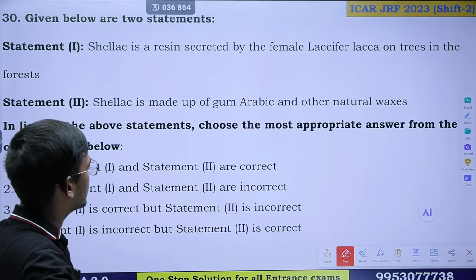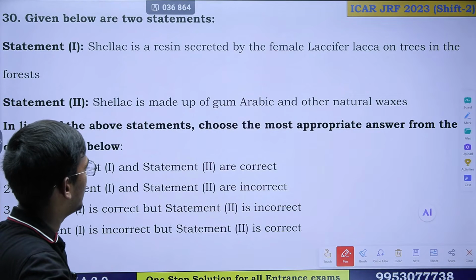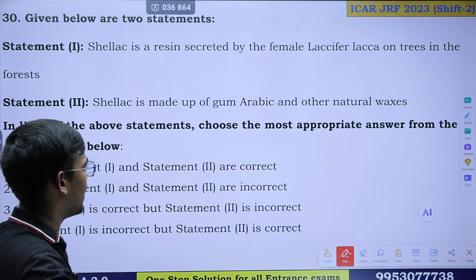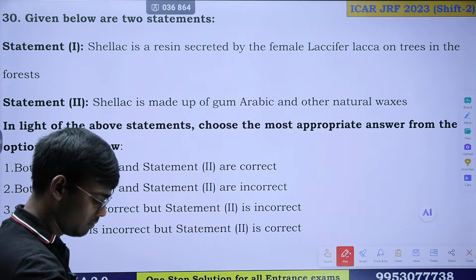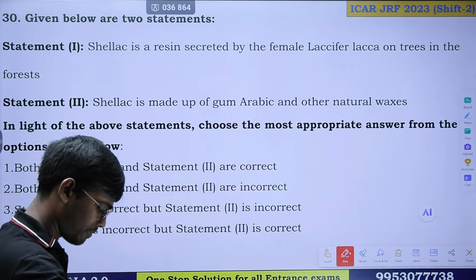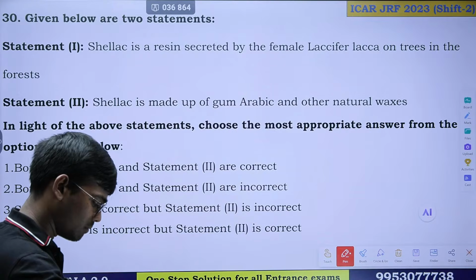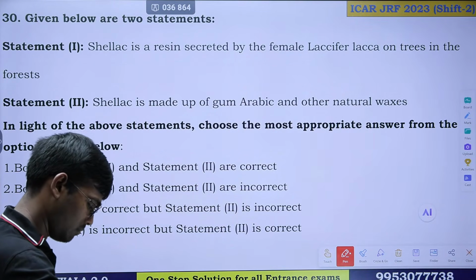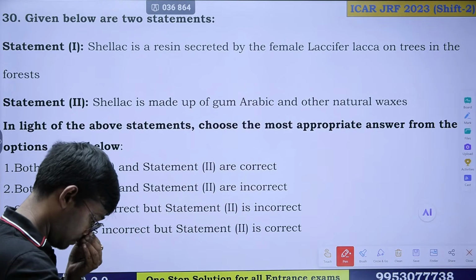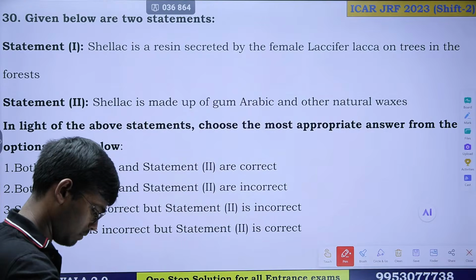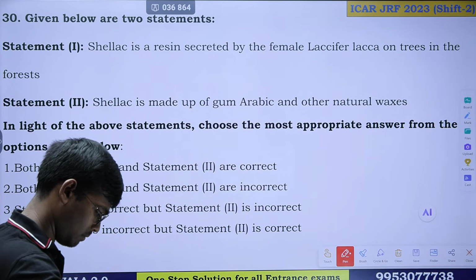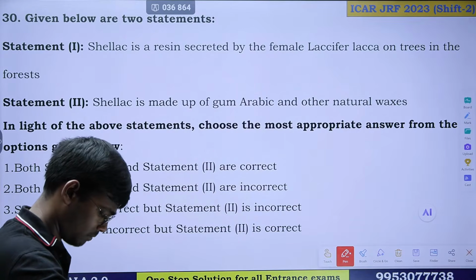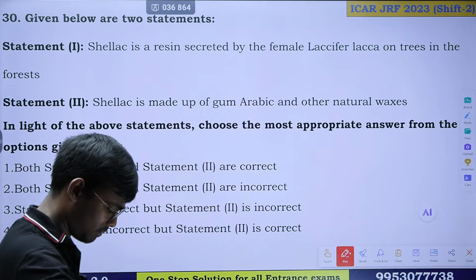And statement 2: shellac is made up of gum arabic and other natural waxes.